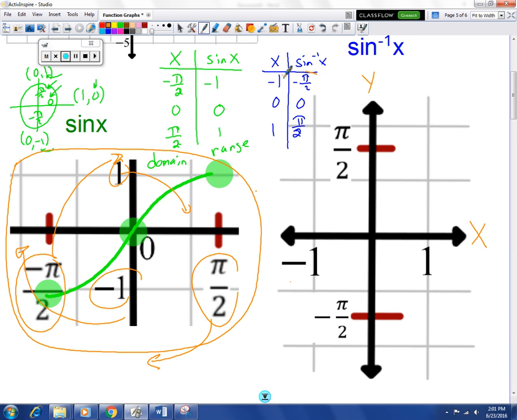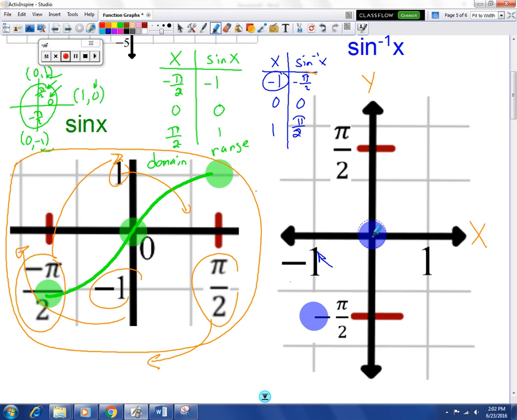So at -1, let me change that to blue. My x is -1, which is right there. My y value is negative pi over 2, so I'll put a point down here. -1, negative pi over 2. 0, 0 is at the origin.